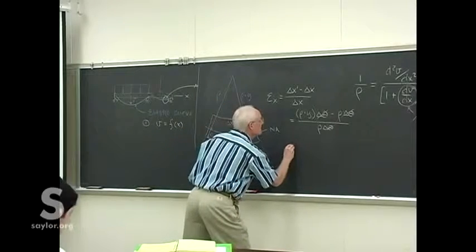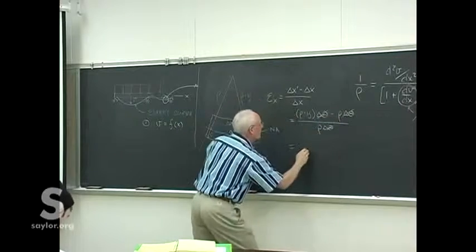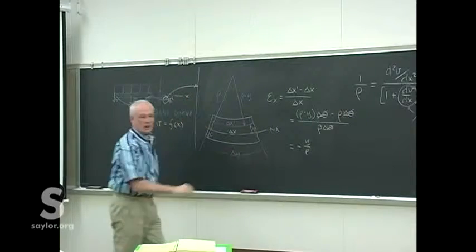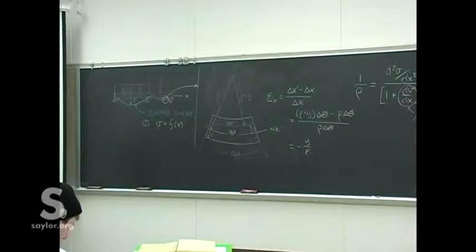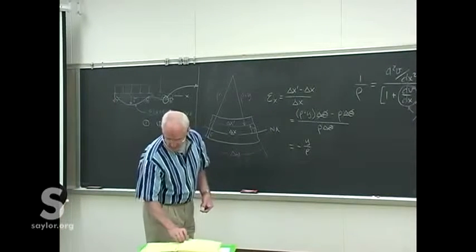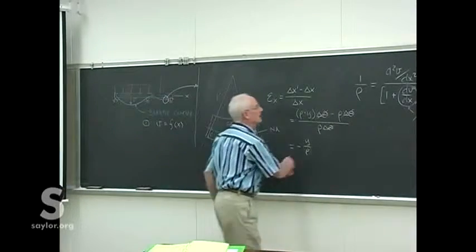And we can then simplify this a little bit. We've got rho minus rho, so that leaves just the minus y. We get minus y over rho as the strain at any place away from the neutral axis across the beam. We did that a couple weeks ago, I think, when we were setting up the bending. So that's a familiar little piece there.